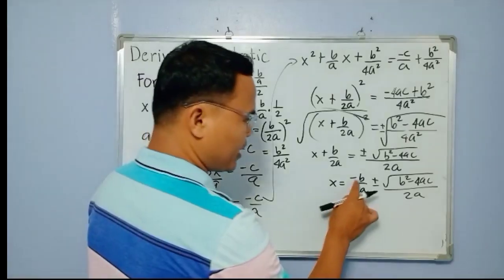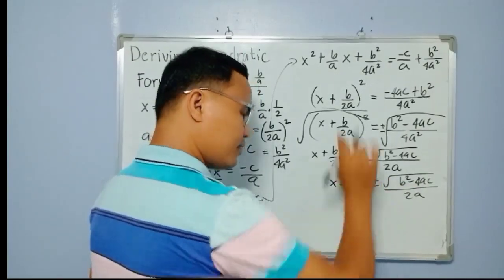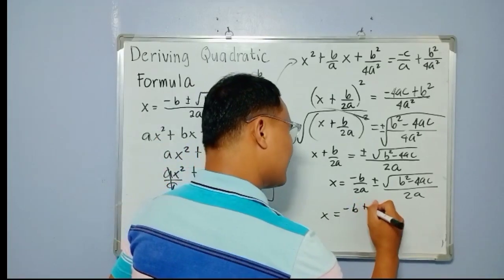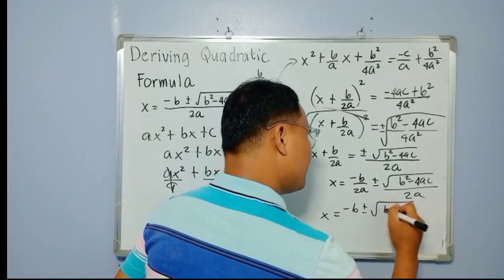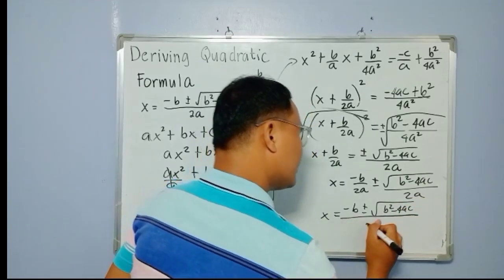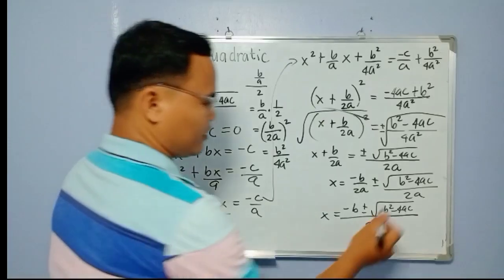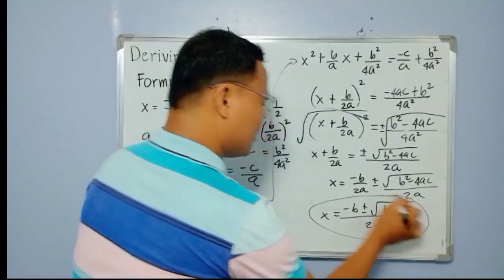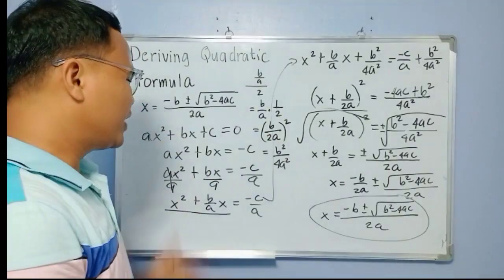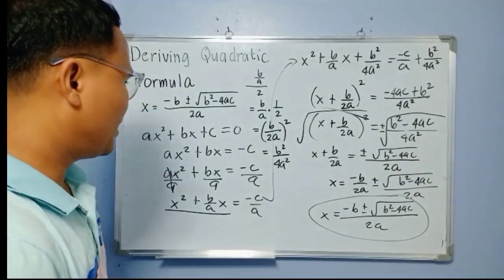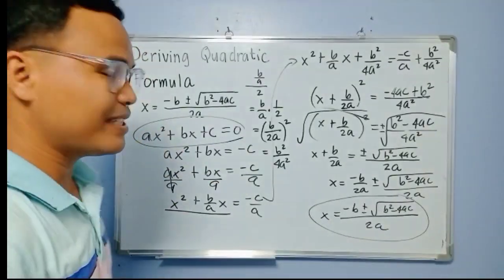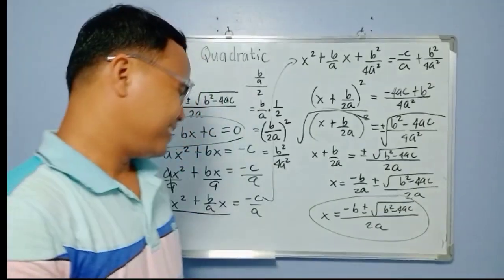If they are similar fractions, then we can combine the numerators. We have here negative b plus and minus the square root of b squared minus 4ac all over 2a. Okay, this is now called the quadratic formula. And this is how we derive the quadratic formula. We start with the standard form and we solve for x by using completing the square.